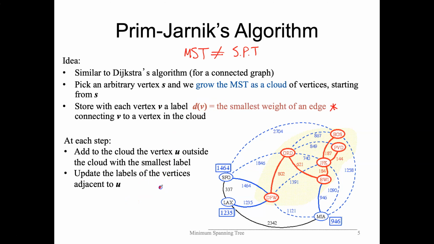So if we have an edge connecting U to Z, and since U has the smallest distance label, we add U to the cloud next.